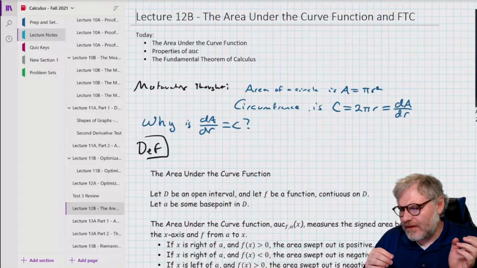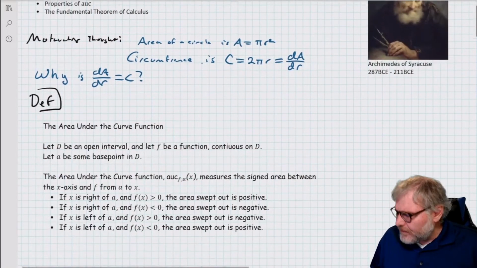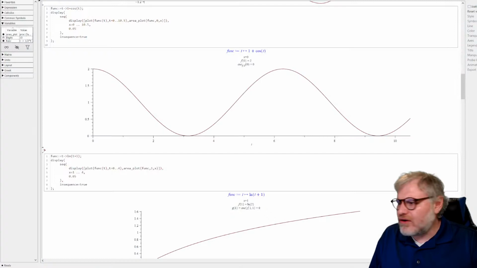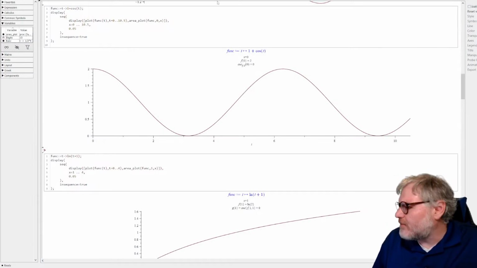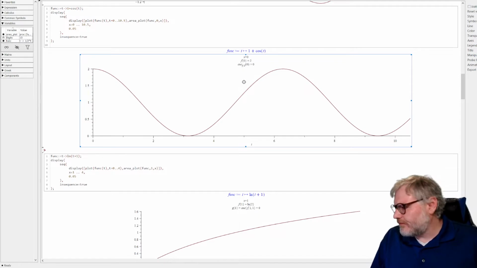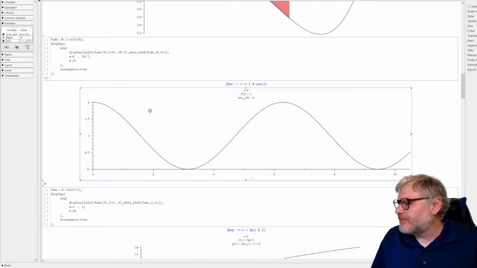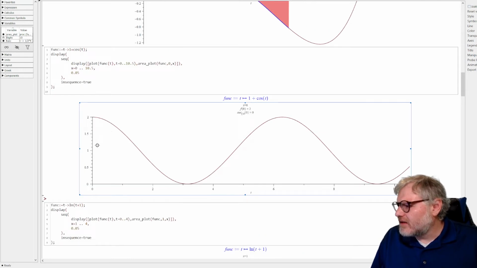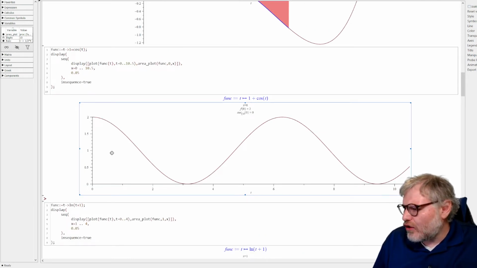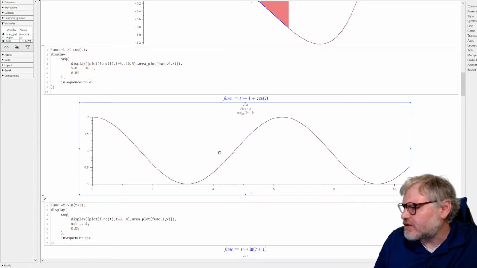Okay, so let's talk about what it is. I'm going to take a curve here, in this case 1 plus cosine of x, and I'm going to map out the area between the curve and the x-axis as I move from left to right across the screen.